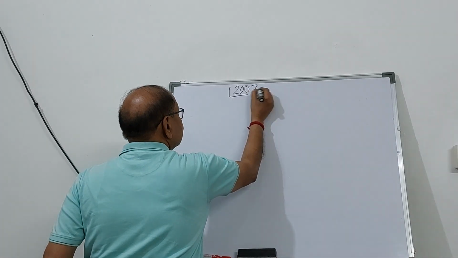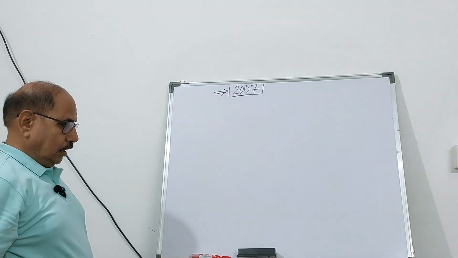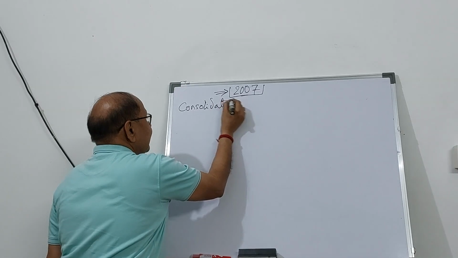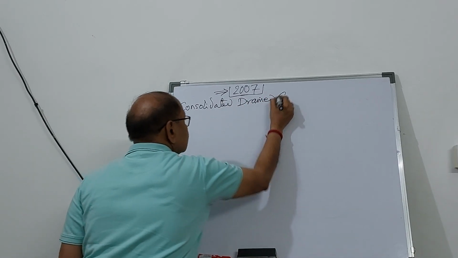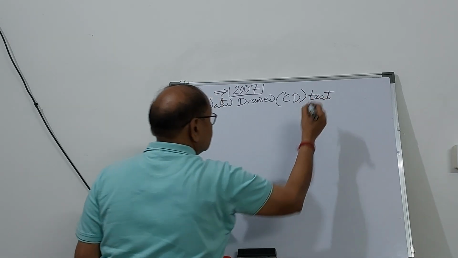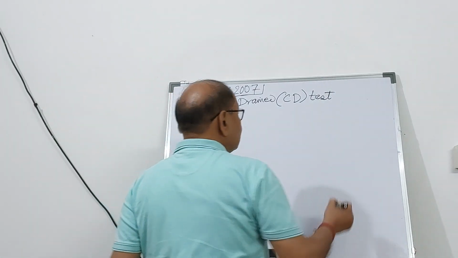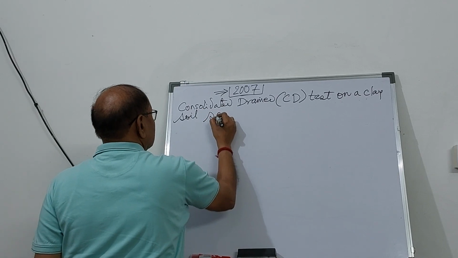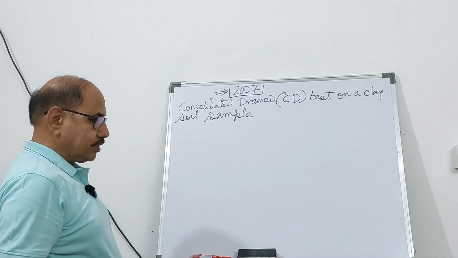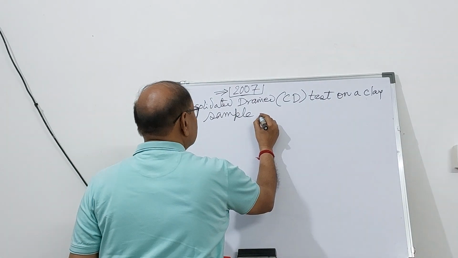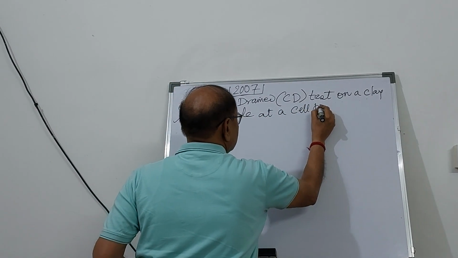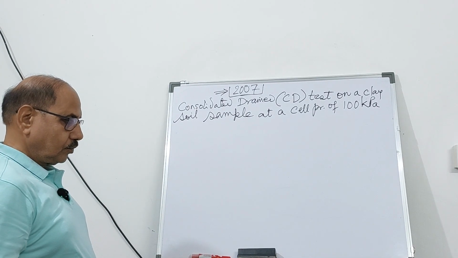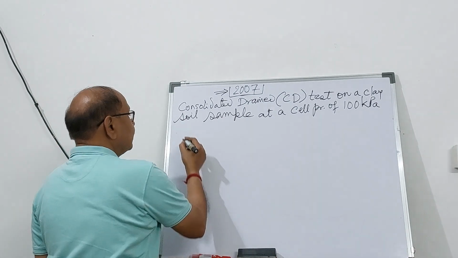So now 2007, a CD test, consolidated drained test, on a clay soil sample at a cell pressure of 100 kilopascal is conducted.